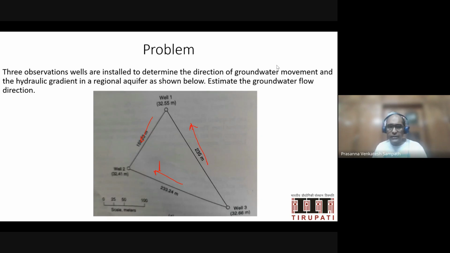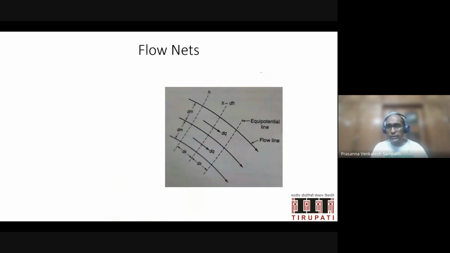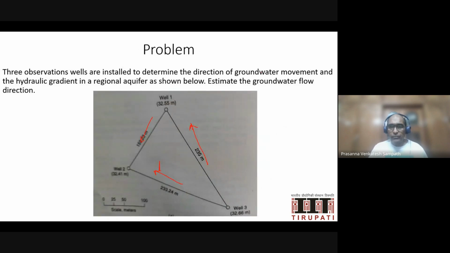The head which is there at well number 1, 32.55 will be somewhere in between well 2 and well 3, because from 0.66 to 0.41, somewhere in between will be, let's say, somewhere over here. That is the location where the head would be 32.55, somewhere in between.